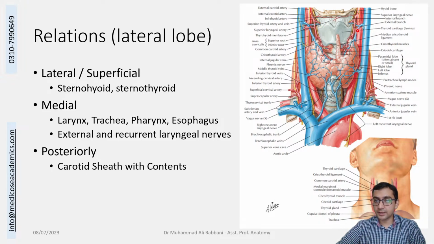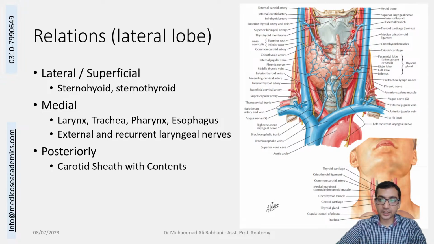The thing that has to be remembered here is the relation with the nerve. You can see just behind the artery there is the external branch of the superior laryngeal nerve. So this is a very important relation to be remembered. This is the nerve that is near the artery, the superior laryngeal nerve.